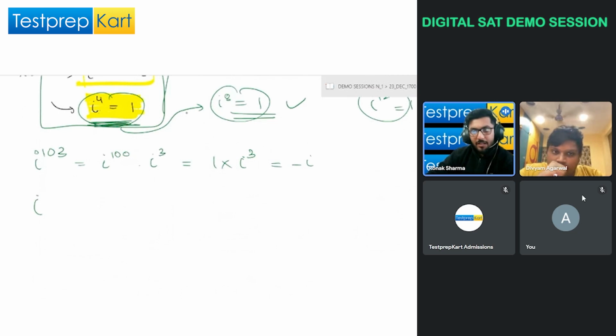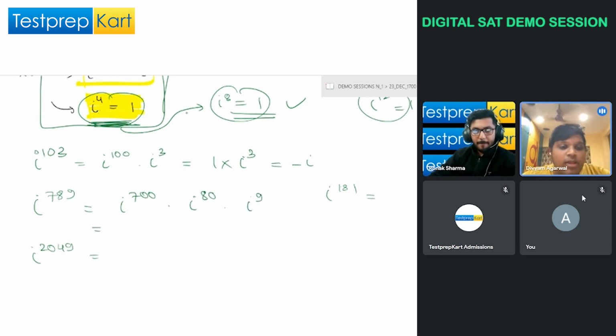Let us see a few more values. Let's say I ask you iota power 789 and iota power 2049.